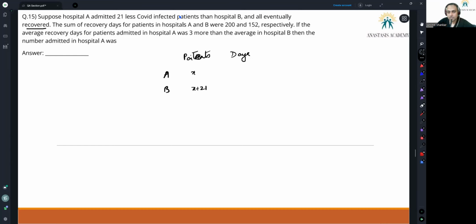So days here is 200 and days here is 152. If the average recovery days for patients admitted in hospital A was 3 more than the average in hospital B, then the number admitted in hospital B was, okay, the average recovery days here is equal to 200 by X. The average recovery days here is 152 by X plus 21.